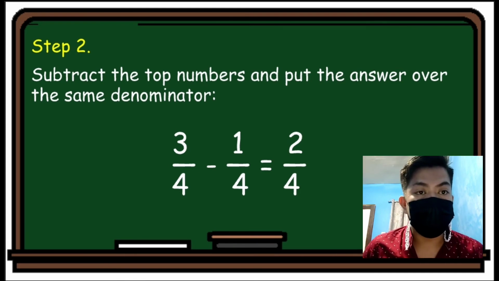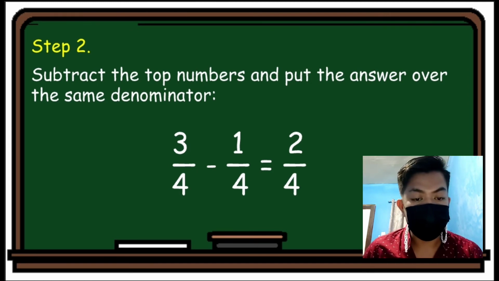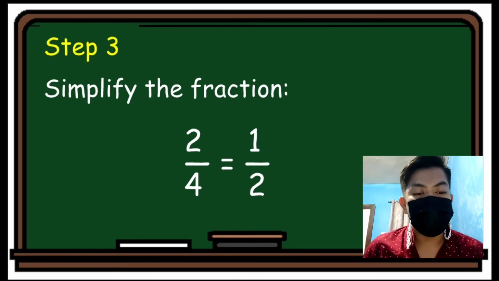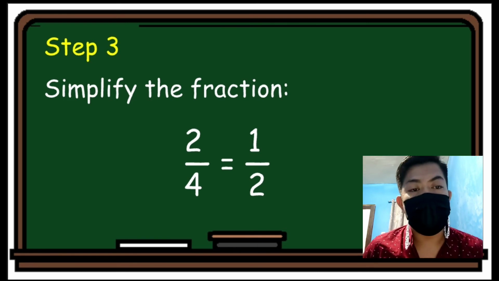Since we have 4 as the denominator, we just simply subtract 1 from 3. So we have 2 over 4. Step 3 is to simplify the fraction. Since we have 2/4, we just simplify this to 1/2.